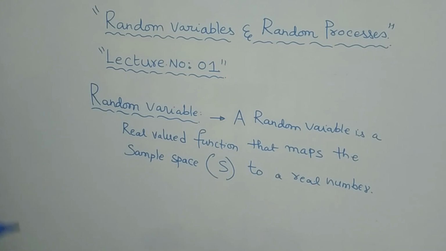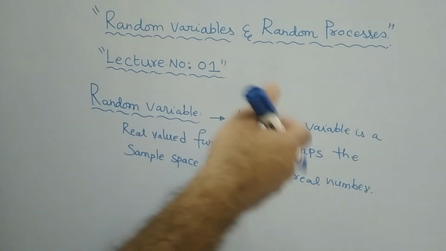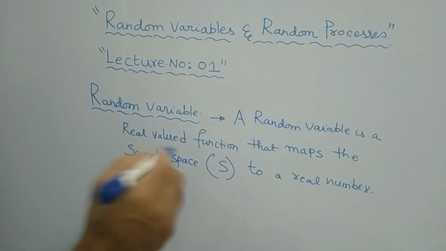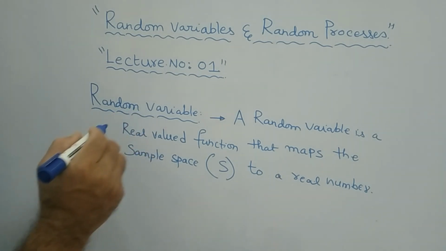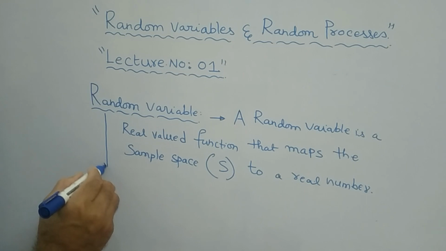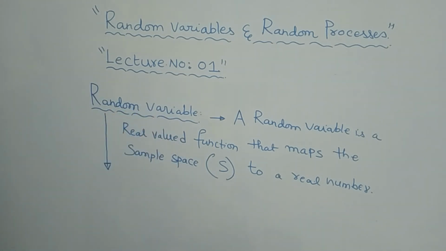Before going to further extension, let me tell you one thing. Please note down that the random variable can be represented by capital letters like capital X, or otherwise capital Y, or otherwise capital Z, and so on.